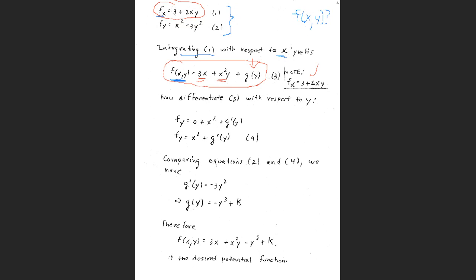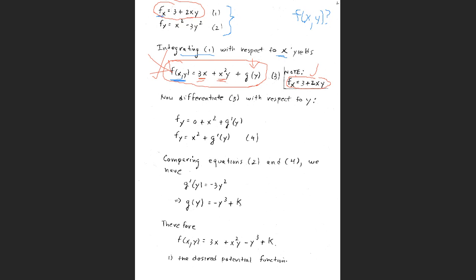So I'm trying to construct a function f here that's as general as possible. Adding a g(y) is okay because the derivative of a function of y with respect to x equals 0. So indeed, the partial derivative of this function with respect to x equals 3 plus 2xy.